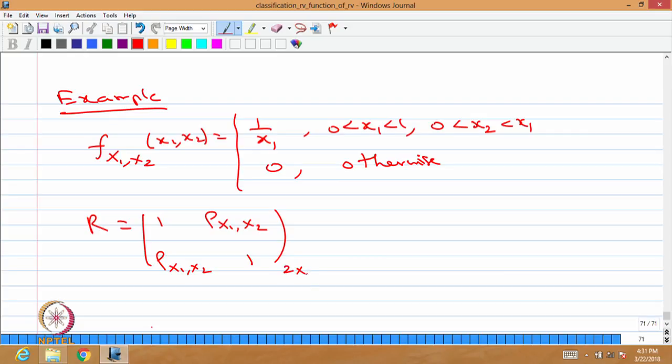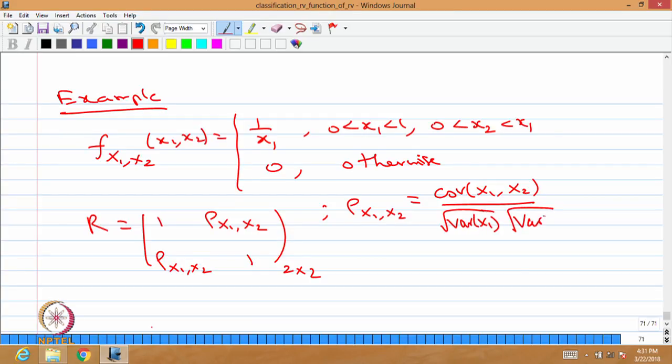So, we have to compute the correlation coefficient between x1 and x2. So, the correlation between x1, x2 is the covariance between x1 with x2 divided by the square root of variance of x1 multiplied by the positive square root of variance of x2.